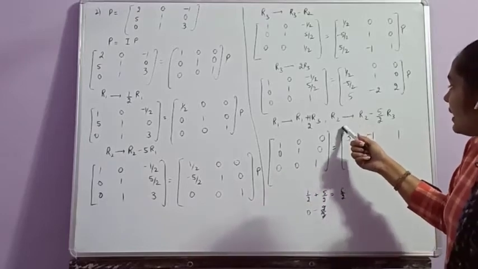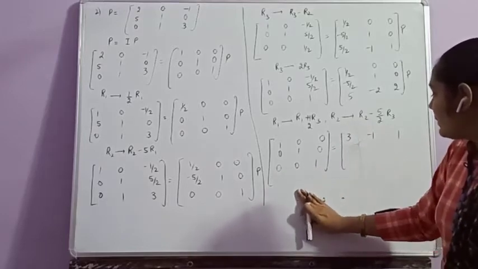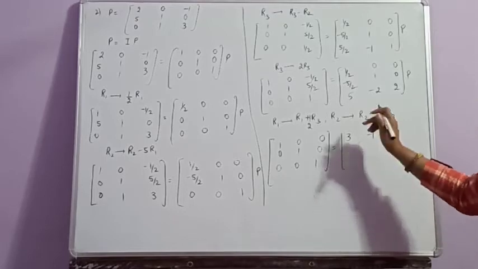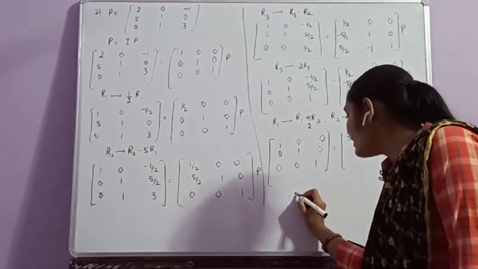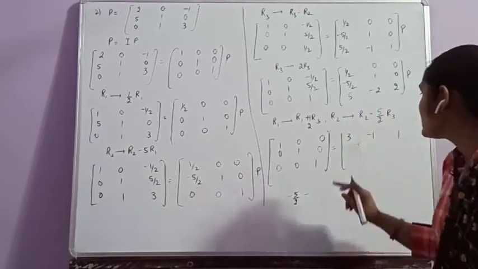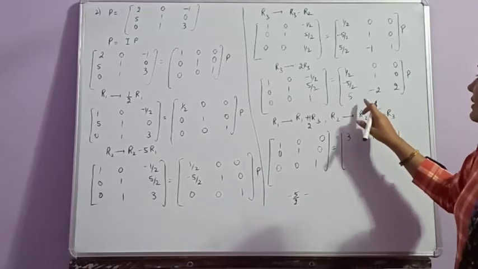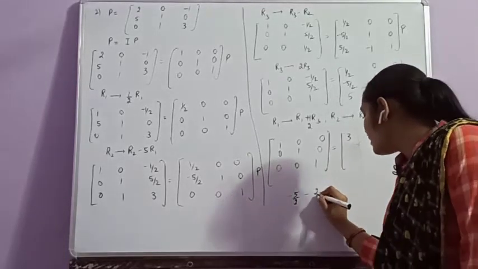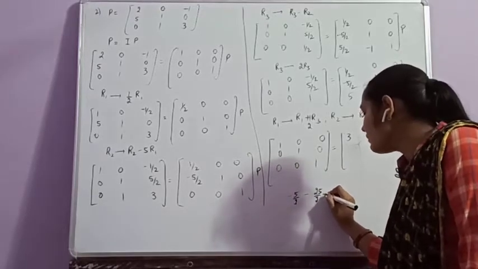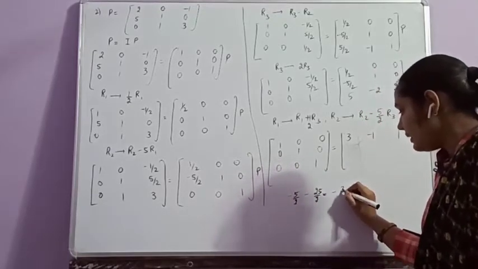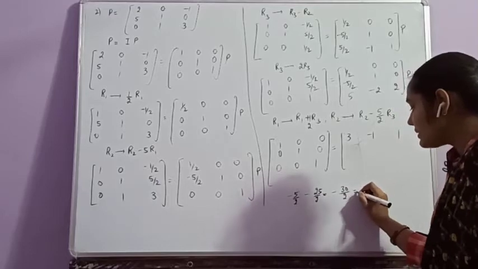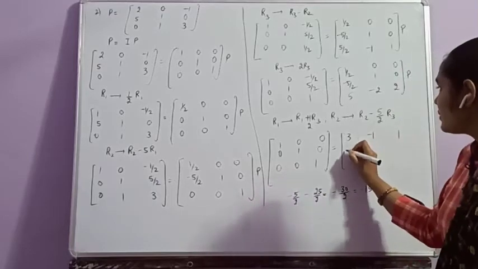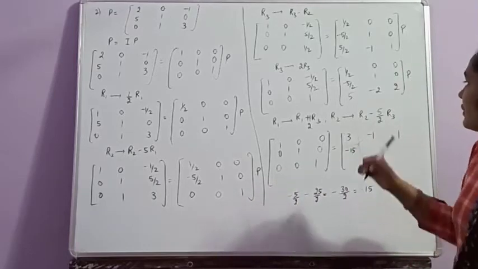Now next is R2 minus 5 by 2 times R3. That is minus 5 by 2 minus 5 by 2 times 5, and 5 by 2 times 5 is 25 by 2, so that is minus 30 by 2, which is equal to minus 15. So it will be minus 15.